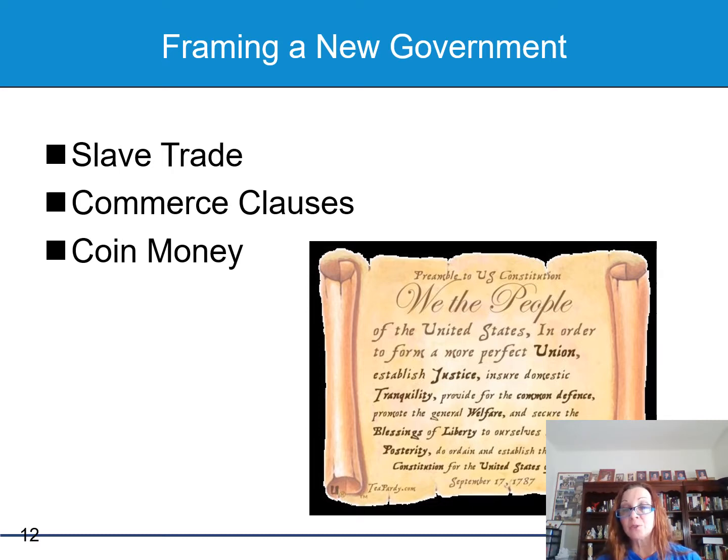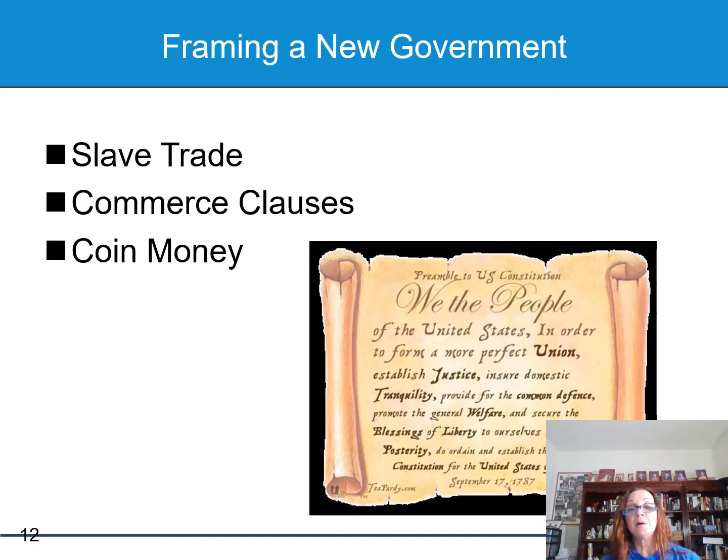So interstate commerce is under the exclusive power of the federal government. It also established that the federal government will establish trade regulations with foreign countries. So the states will no longer be able to make their own trade agreements with foreign countries.